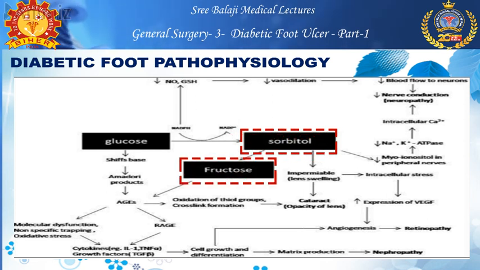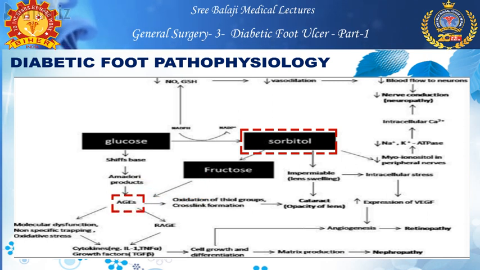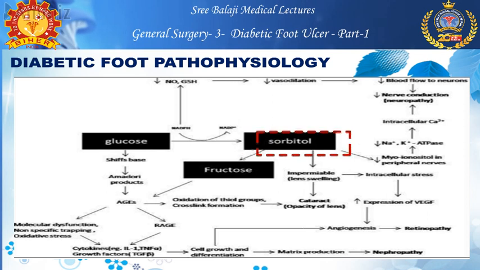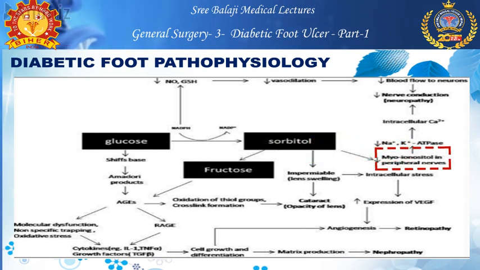Both can lead to increased advanced glycosylated end products, and sorbitol at very high levels is impermeable and can cause lens swelling and finally development of cataract. Similarly, sorbitol can also decrease myo-inositol in peripheral nerves, leading to peripheral neuropathy. There is one more mechanism by which peripheral neuropathy occurs.